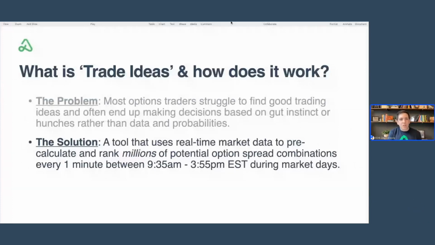Every minute, the Trade Ideas tool is recalculating millions of potential combinations. The $1 wide spread, the $2 wide spread, the $5 wide spread, the 30 delta and the 15 delta, the 30 delta and the 20 delta, right?